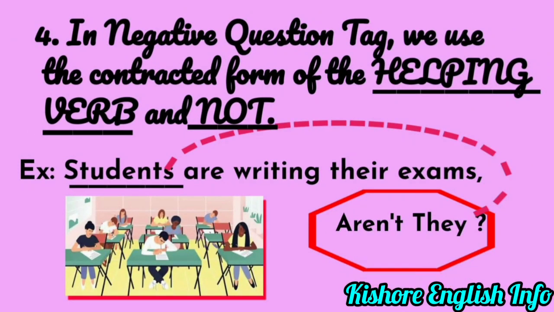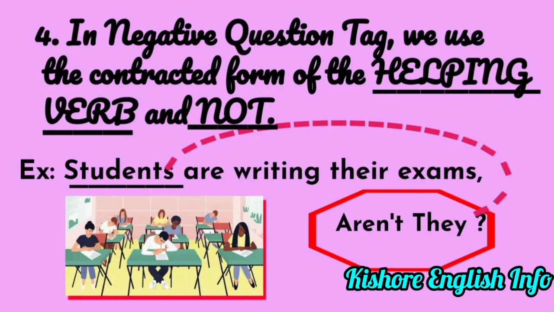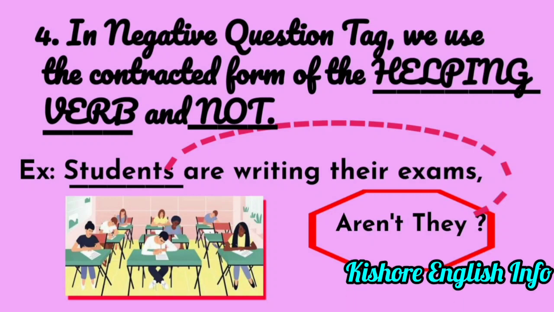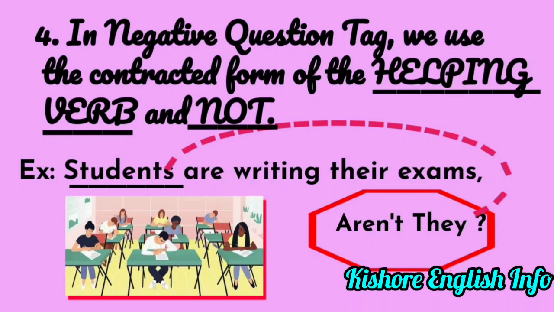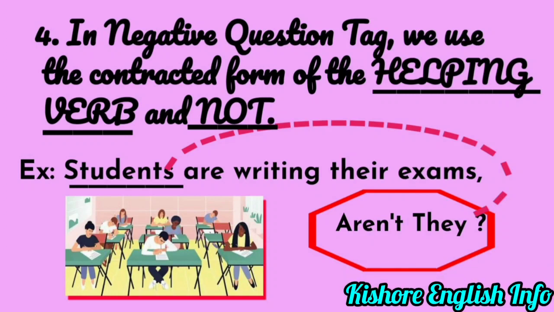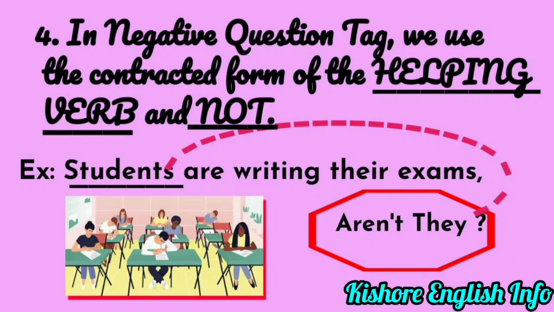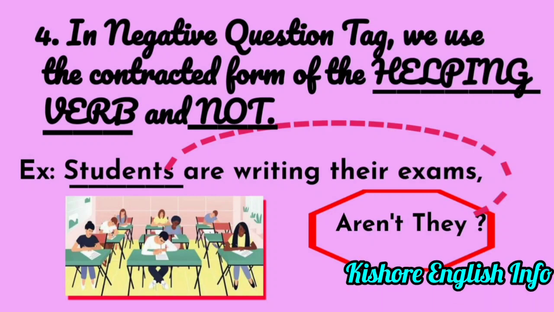The fourth and important basic rule is that in the negative sentence or question tag, we use a contracted form, as we have discussed earlier. The helping verb and not, the negative form, together as a contraction, like are not, aren't, followed by a pronoun.